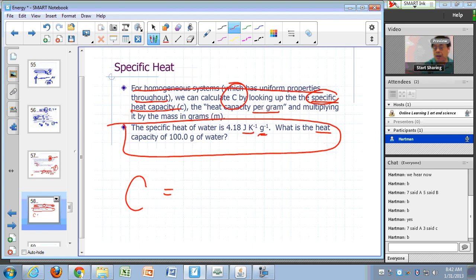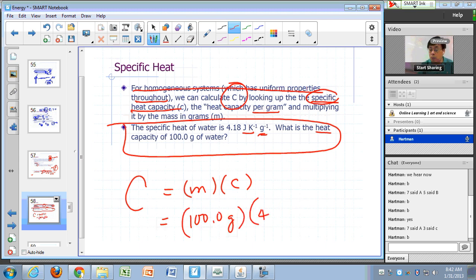It's just going to be the mass of the water times the heat capacity per gram, or the specific heat. So our mass is 100 grams, and our specific heat is given as 4.18 joules per Kelvin per gram.